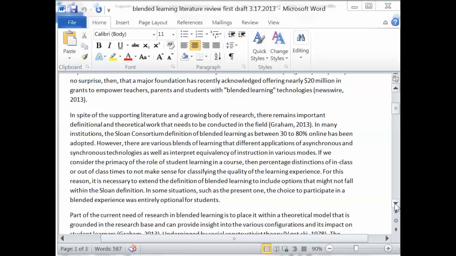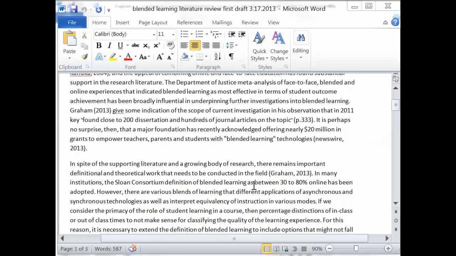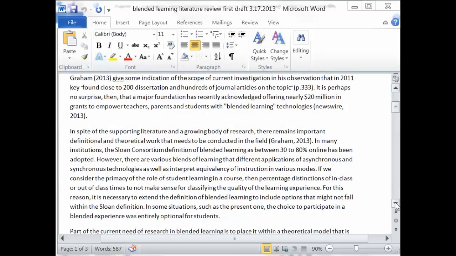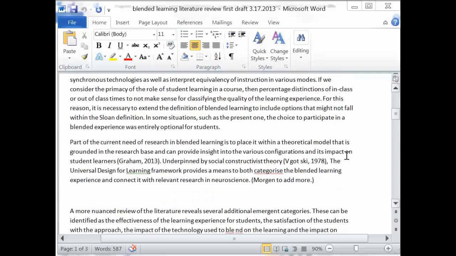And I'm going from definitional and theoretical work that needs to be conducted in the field. This is my topic sentence that is going to frame the next two paragraphs. So the rest of this paragraph is going to talk about why we need to define it better, and then why we need to provide a theoretical model, and that's underdeveloped here.